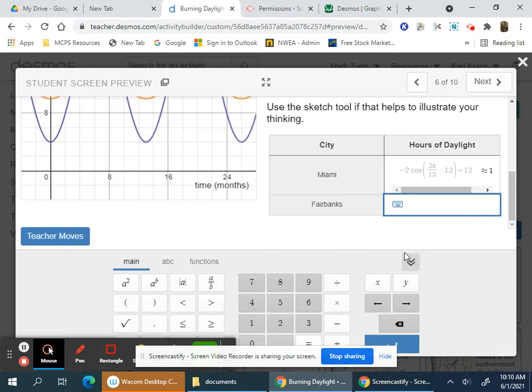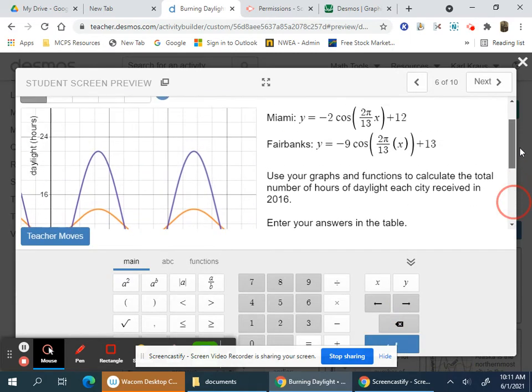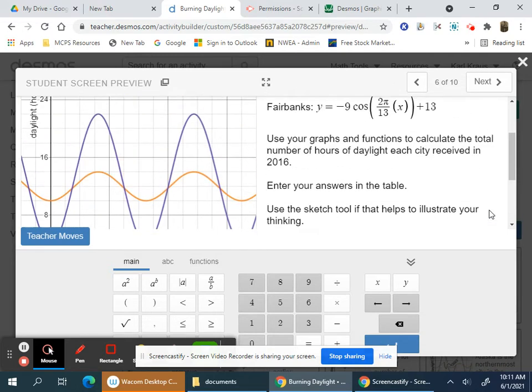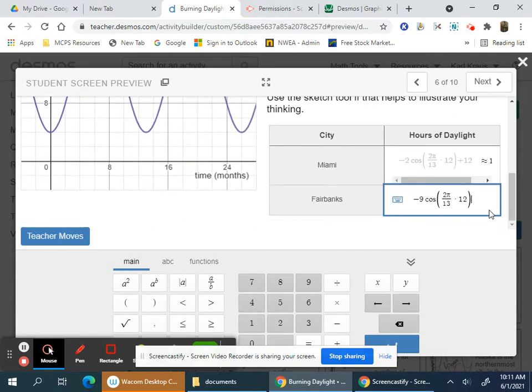And the other one: negative 9 cosine of 2 pi over 13 times 12, plus 13.